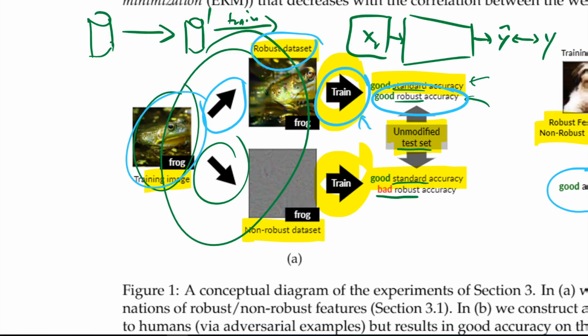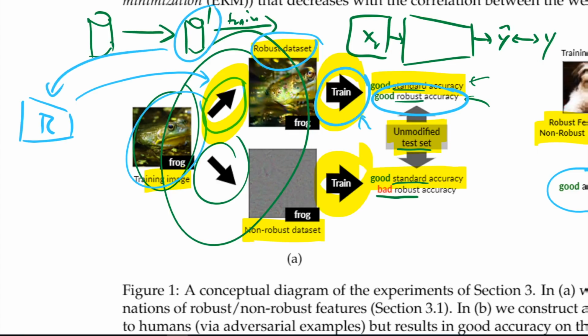But in order to do this procedure, you actually have to have a robust classifier, which you have obtained by adversarially training the robust classifier. Basically, what you're doing is you take this adversarial training procedure, and the point here is that you don't do anything different during training, right?